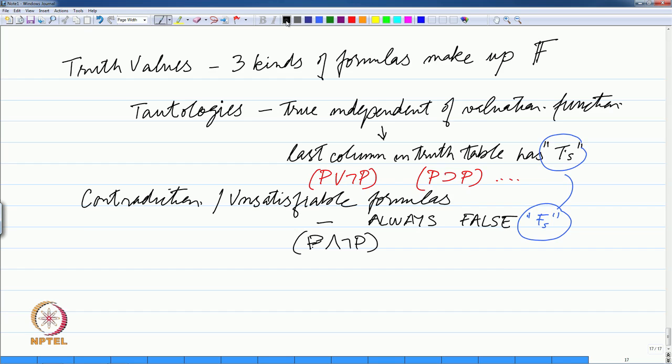The third kind of formulas are known as contingencies. True in some rows.